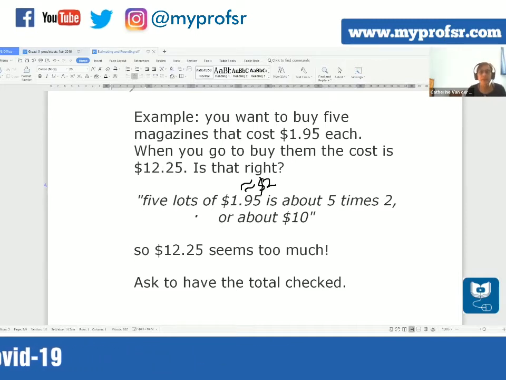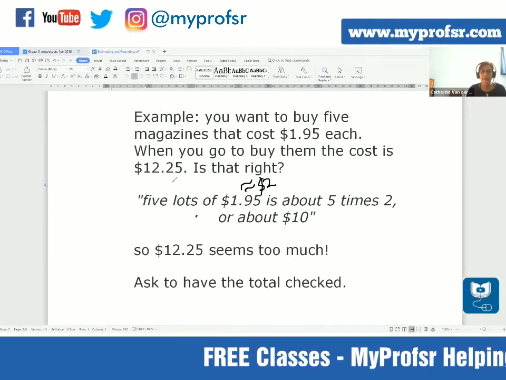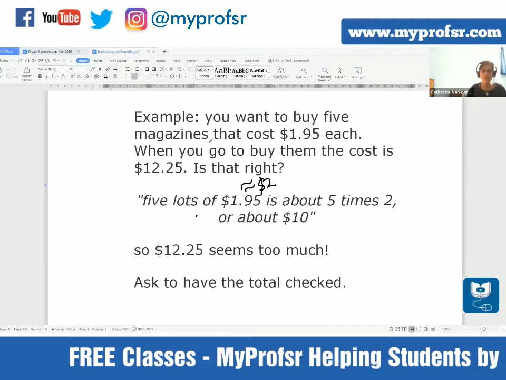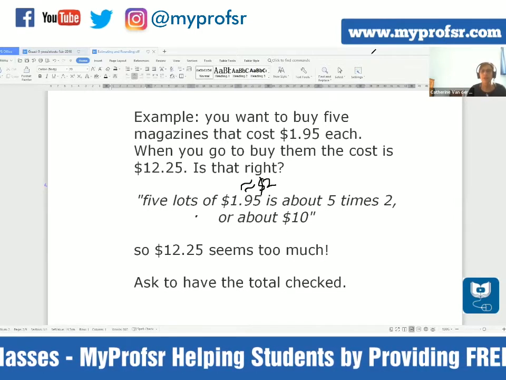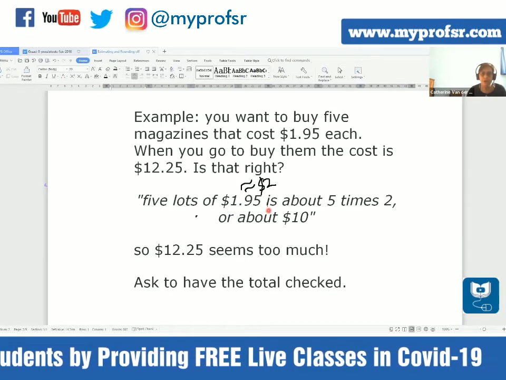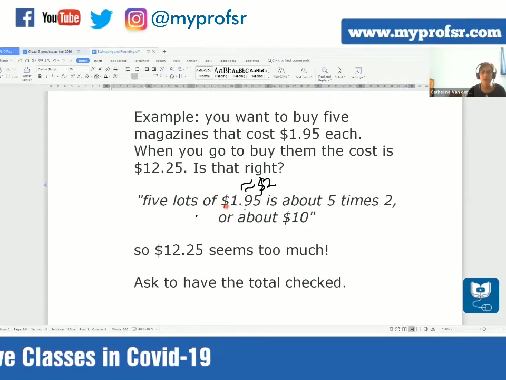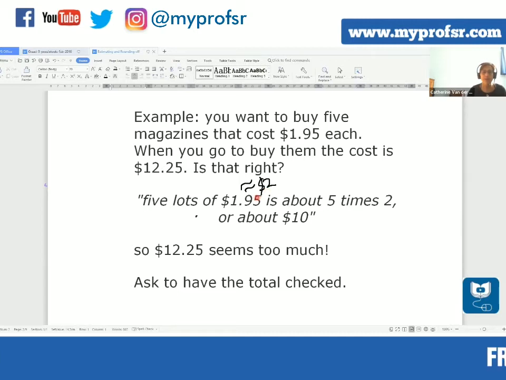And I see there was a, okay, no questions yet. So we are now busy with this amount, $1.95, which is approximately $2.